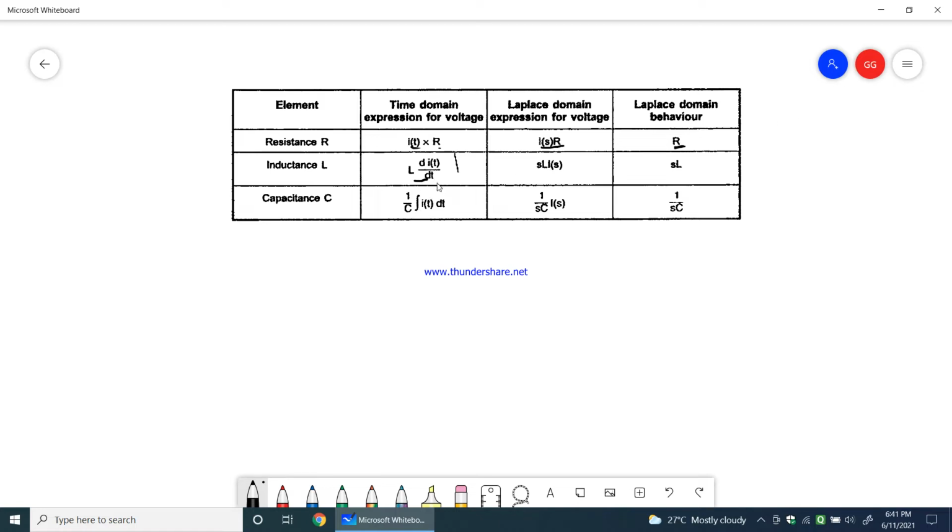If I have a differentiation term, the Laplace transform of that term is always S multiplied by the Laplace transform of the parameter varying with time. So it is S into I(s), and L gets multiplied, therefore it is SL I(s). So any inductor in the circuit is replaced by SL in my Laplace equivalent circuit.